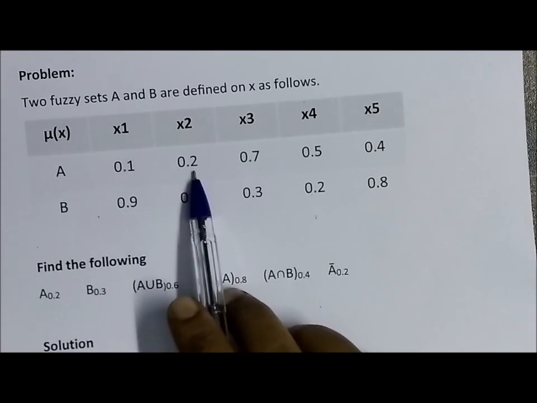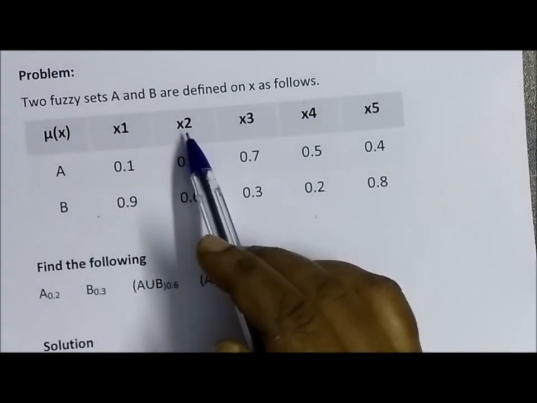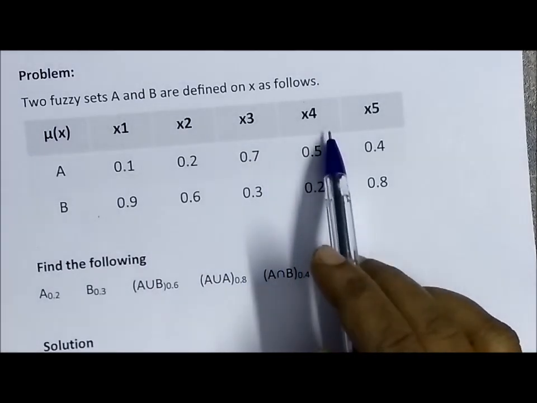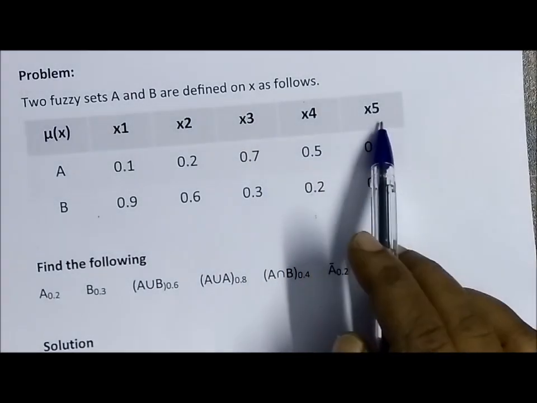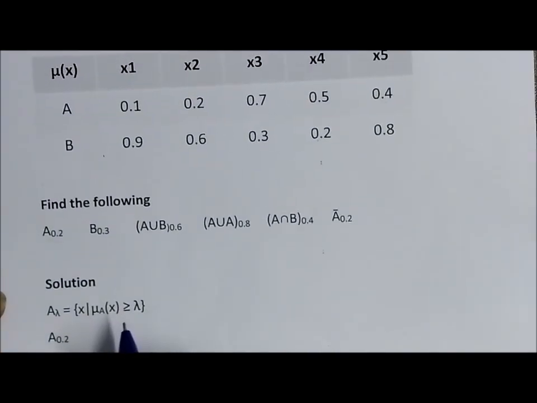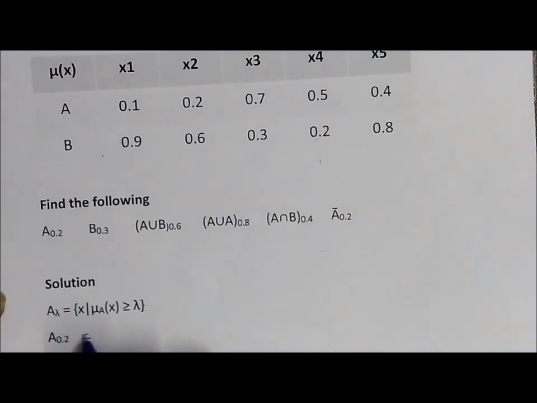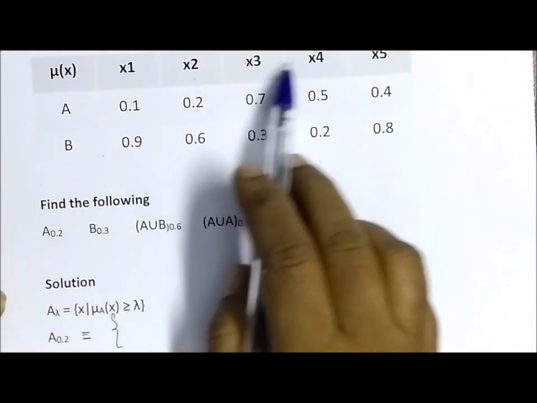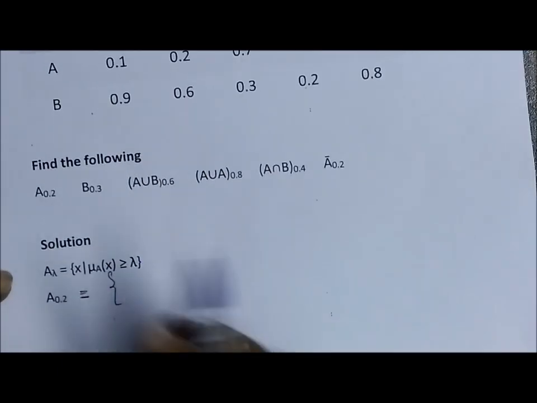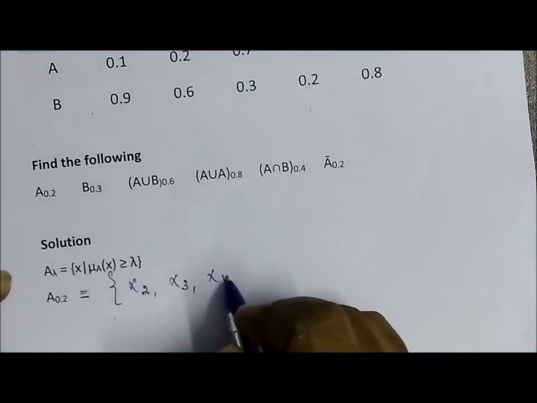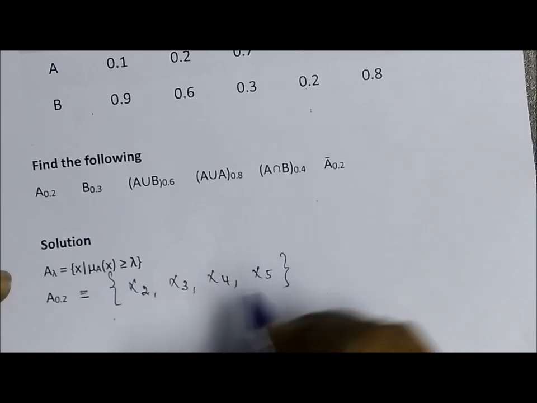For x2 it is 0.2, which is greater than or equal to lambda, so we can choose x2. Also 0.7, 0.5 and 0.4 are greater than or equal to the lambda value. So the values we have are x2, x3, x4 and x5. So this is A 0.2.